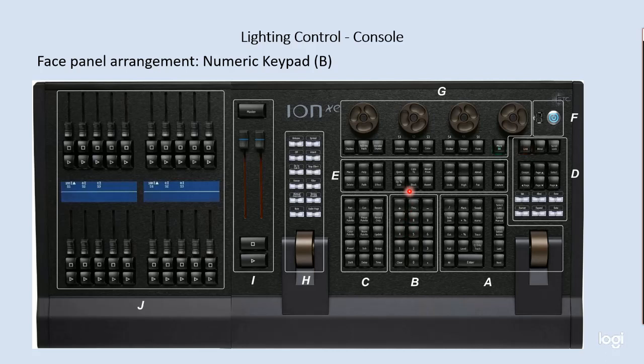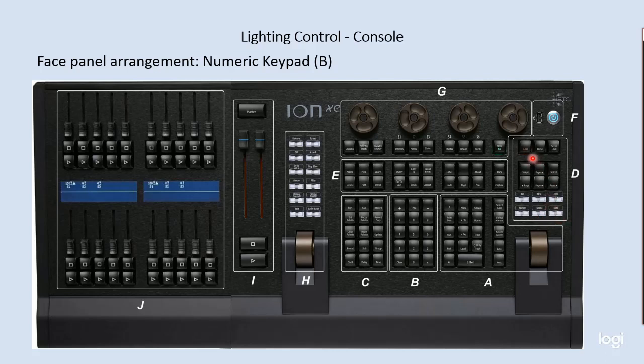All the way to the right side of the console, above our intensity wheel, right? All the way on the right side over here are what's known as navigation keys, and that's area D. Area D allows us to move around our monitors.